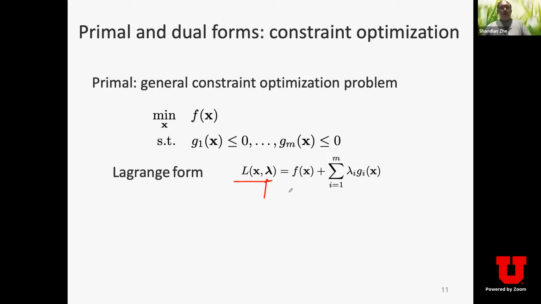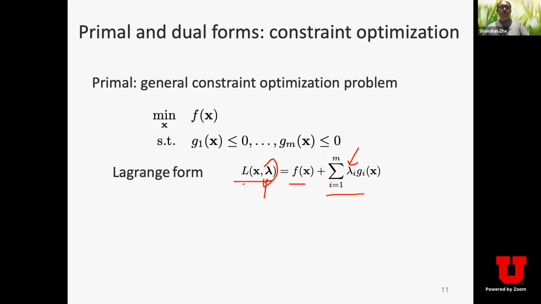The form of the Lagrange function is f of x, the objective function, plus a weighted summation of the constraint functions. Each constraint function, gi of x, is associated with a Lagrange multiplier lambda i. So you can see that this vector lambda consists of all those lambda i's.